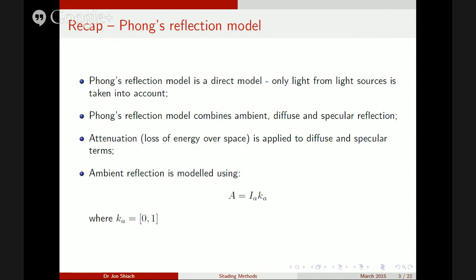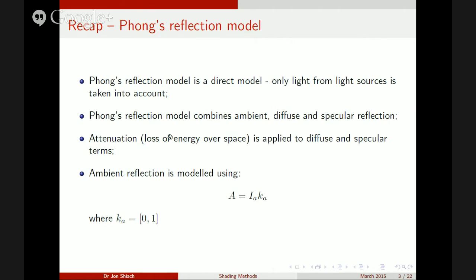Okay, just a quick recap on how we model these. Ambient reflection is essentially a very simple model. This says all objects in the scene are lit equally, so you have a general ambient light. If you've got a dark scene, like an underground scene or a nighttime scene, your ambient light will be low. If you've got a bright daytime scene, all objects will be illuminated quite highly.